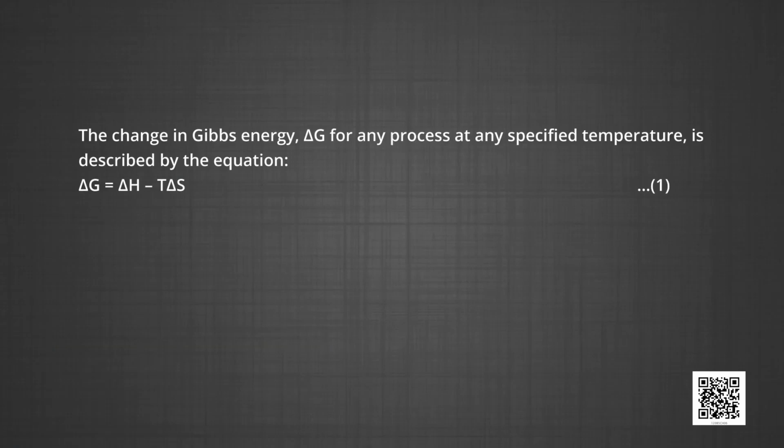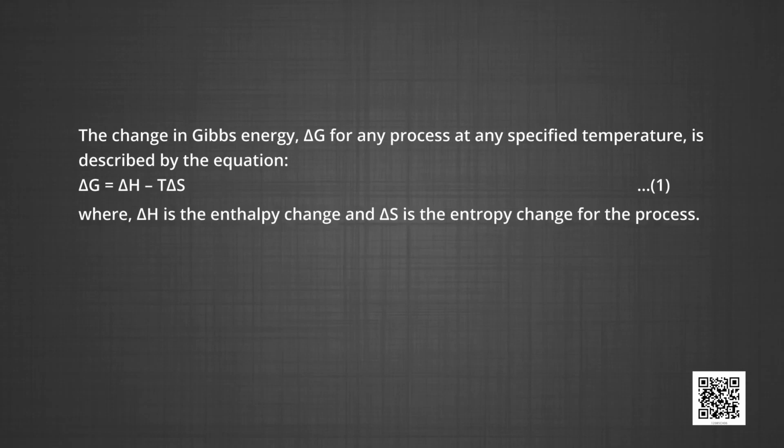You must be able to recall that the change in Gibbs energy, delta G, for any process at any specific temperature is described by the equation delta G = delta H - T delta S, where delta H is the enthalpy change and delta S is the entropy change for the process.